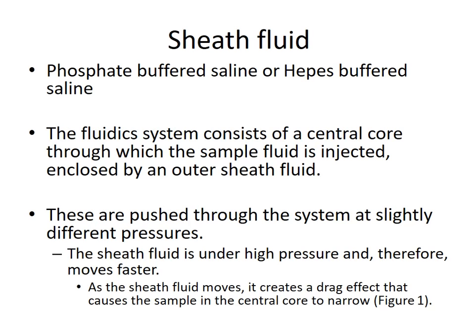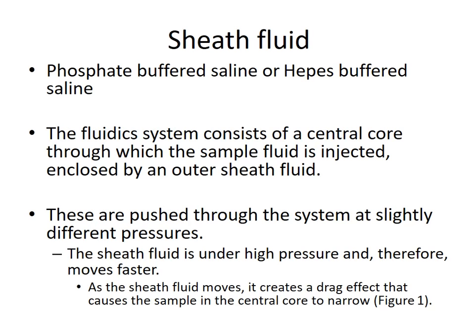What's going to happen if we add water to this instead of sheath fluid? What happens when you add water to a population of cells? Lysis, yeah. I don't know who said it, but osmotic lysis. That's not what we want. So by adding this salty water, or phosphate buffered saline, we prevent osmotic lysis.